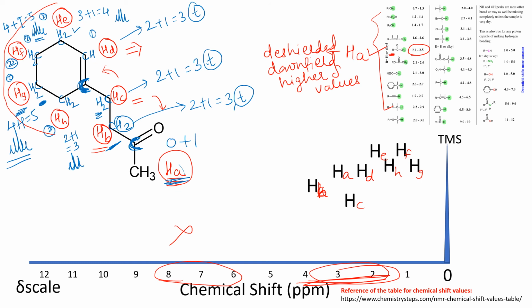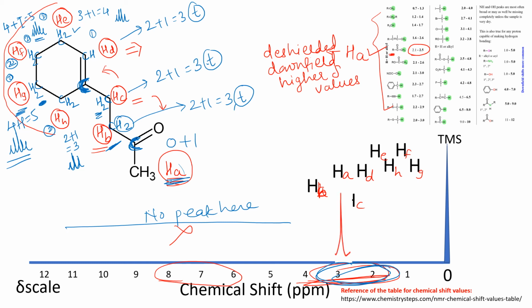So we just have to accommodate all these peaks in this range. Your 1H NMR spectrum would be very much crowded over here, and this whole part will be blank. There will be no peak in this part. So all peaks will be crowded over here, so let us try to accommodate them by drawing them in compressed form.